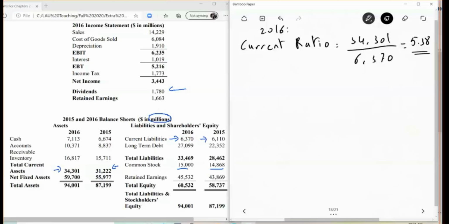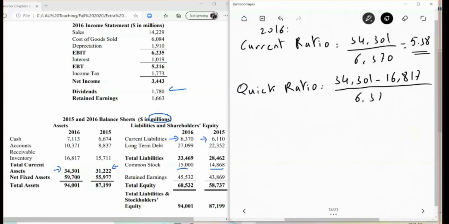Now, after the current ratio, I will compute the quick ratio. The quick ratio is similar to the current ratio. However, here I remove the least liquid component of current assets, mainly inventory. So I'll have 34,301 minus 16,817 divided by 6,370.